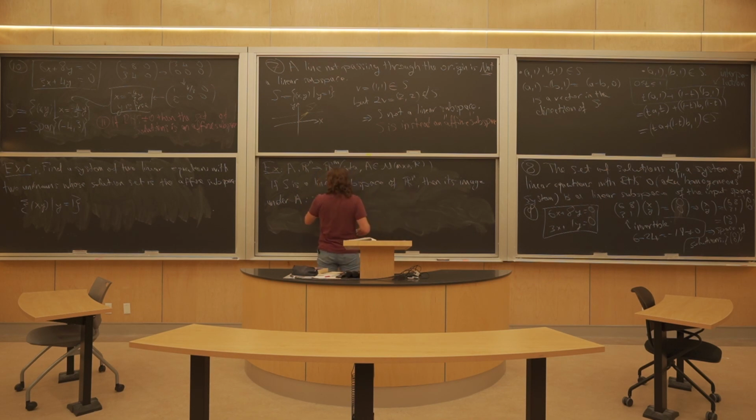Okay? And how can I write this? Using set notation, this is A v such that v in S. Okay?